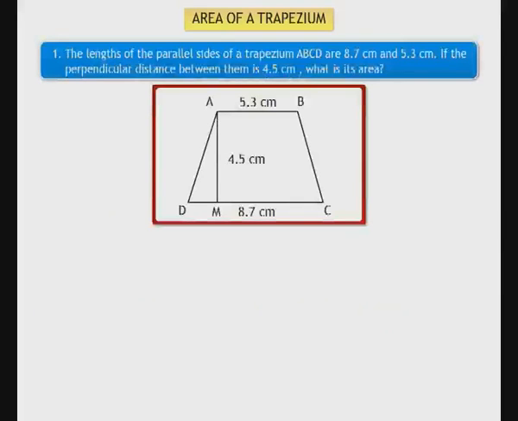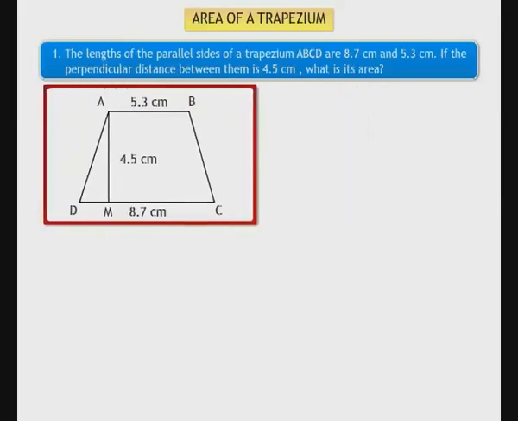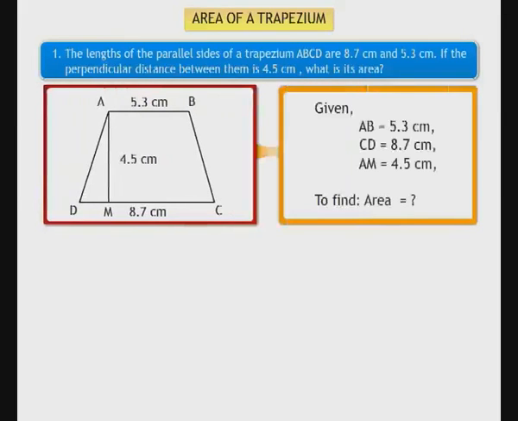Area of a trapezium is equal to 1 upon 2 into the sum of the lengths of the parallel sides into height. Area of a trapezium is equal to 1 upon 2 into the sum of the lengths of the parallel sides, that is, AB plus CD into height AD. By substituting, we get 262.5 is equal to 1 upon 2 into the sum of the lengths of the parallel sides into 15.